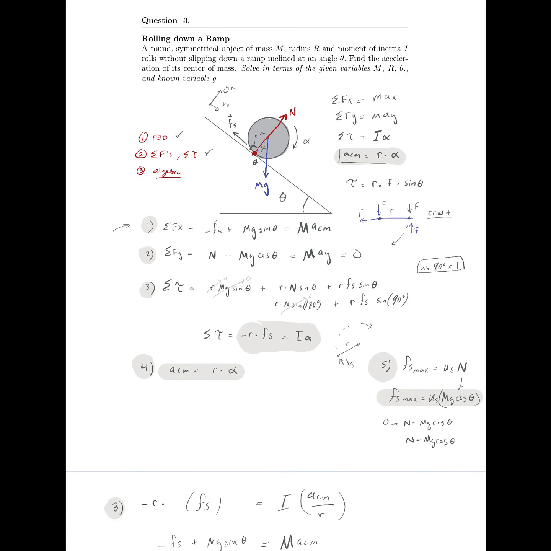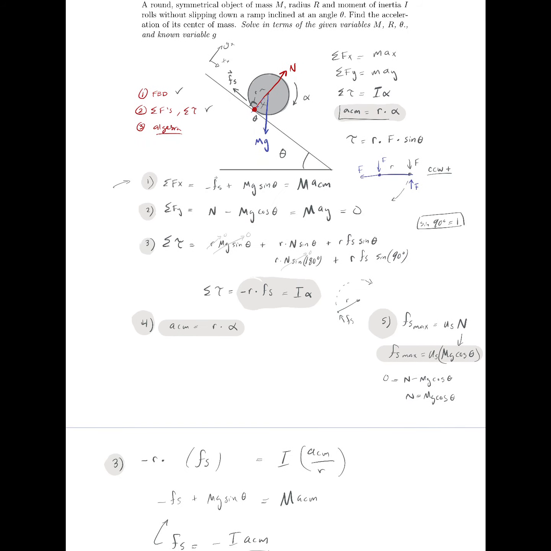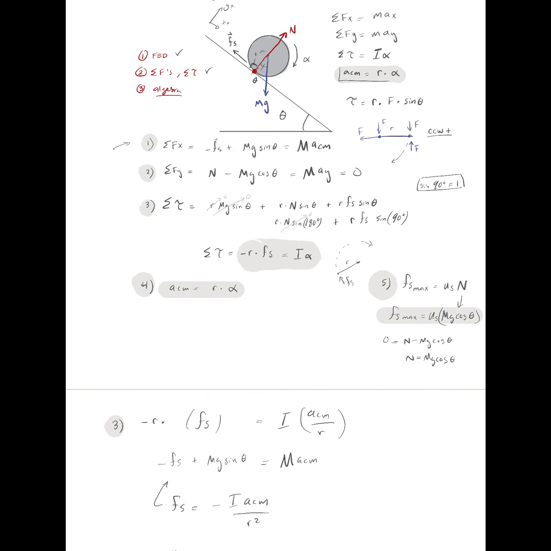We also talked about how counterclockwise is a positive torque. And then we set up our equation here. We also identified that if we have a rolling object without slip, we can relate the angular acceleration to the linear acceleration of the object.